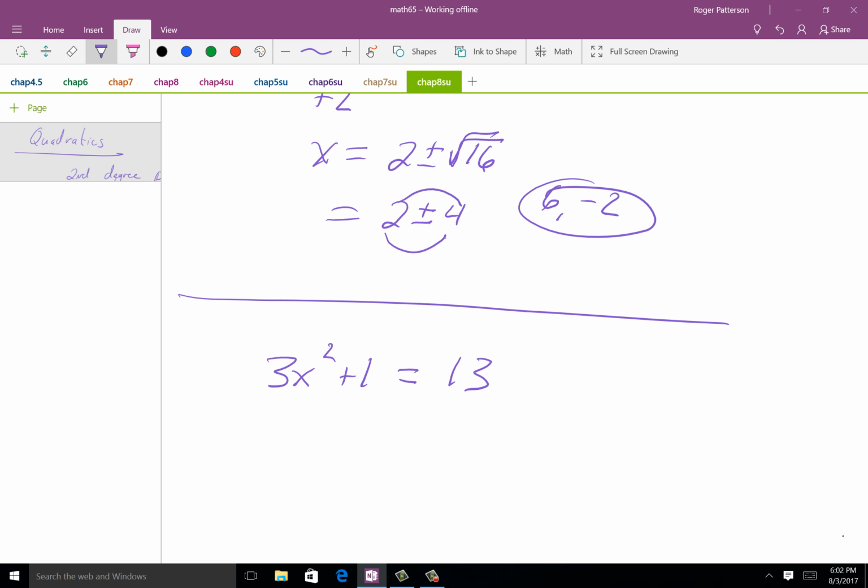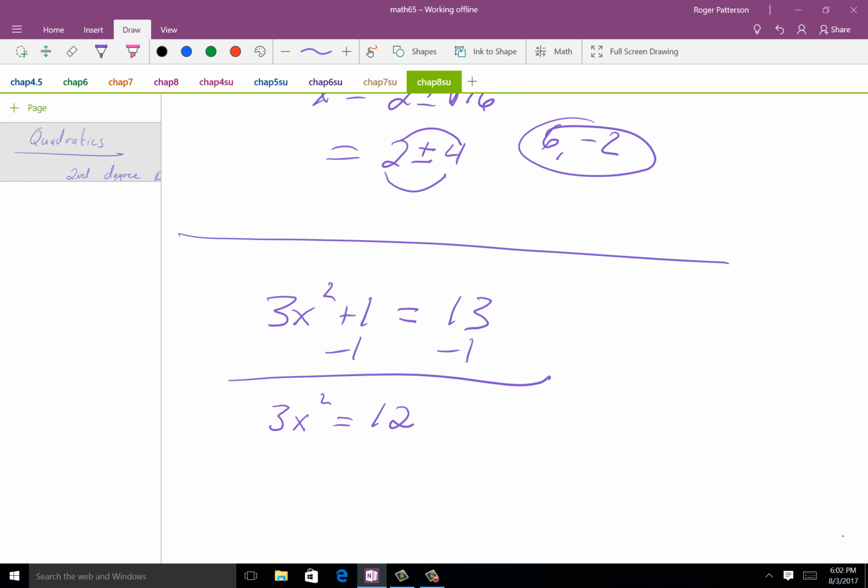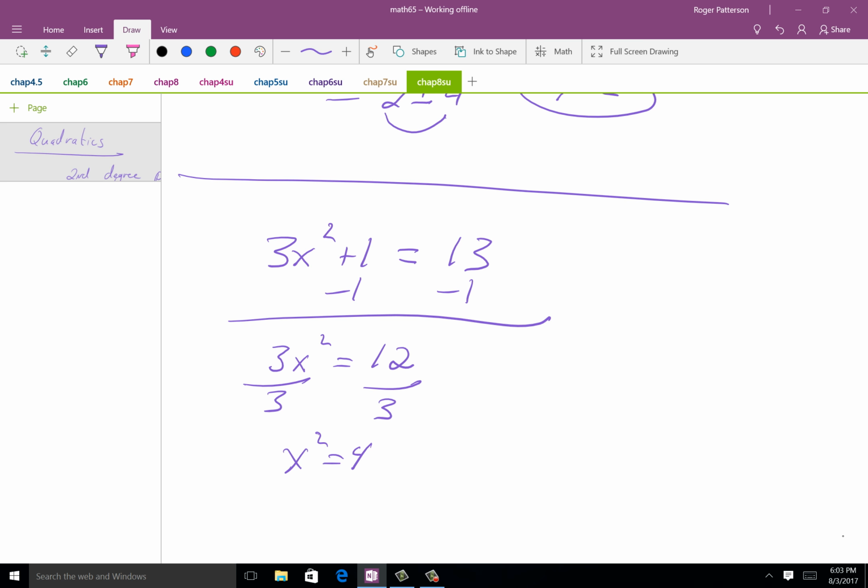Yeah, let's get rid of that 1. And now what? Yeah, divide by 3. And finally, what's our last step? Yeah, square root.